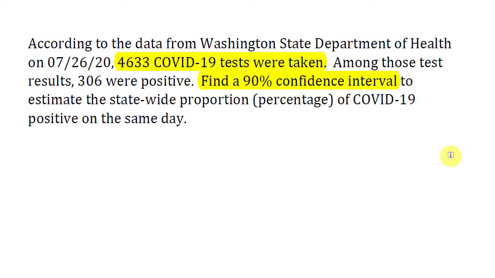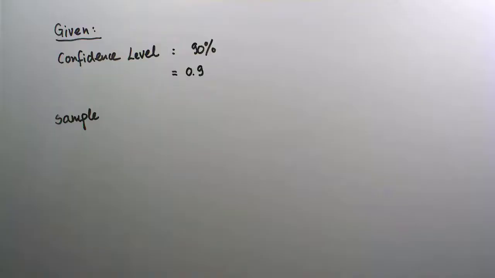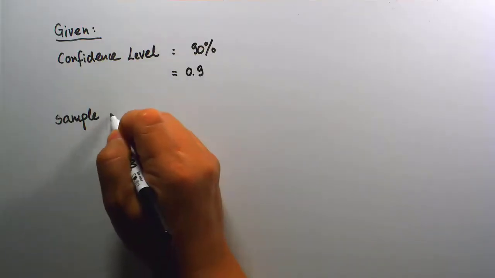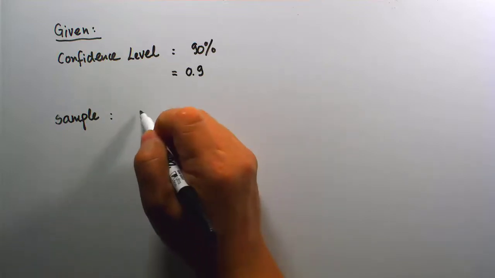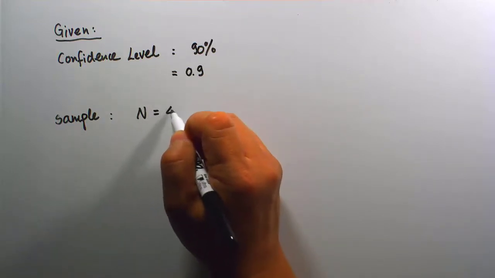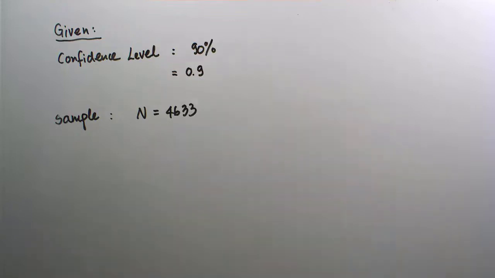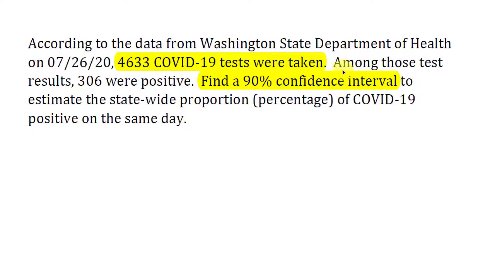Let's pretend here that all these tests are randomly taken. The number of tests is our sample, where our sample size is 4,633 tests. And now the further information: among those test results, of course, after we did testing, results come back in a couple of days, and among those tests, 306 were positive.